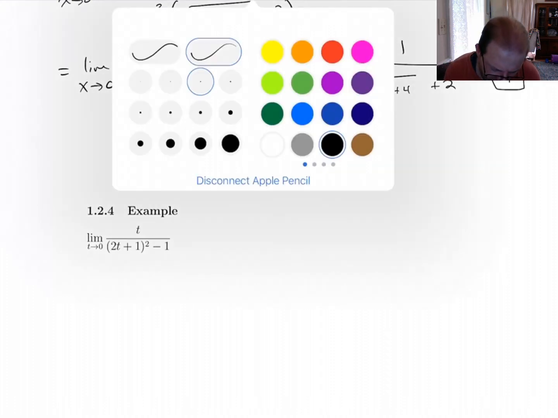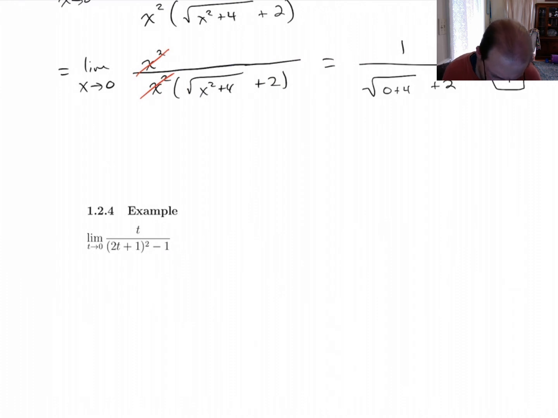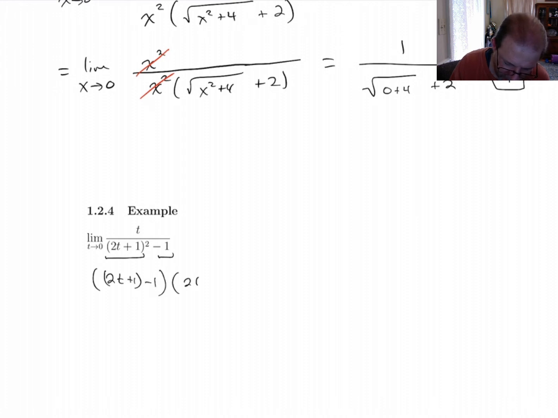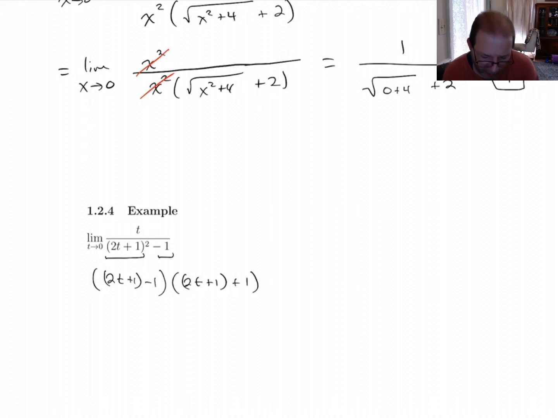One way is probably not very intuitive, but you could treat this as a difference of two squares and factor it into 2t plus 1 minus 1 times 2t plus 1 plus 1. That would work, but it's probably not very intuitive.